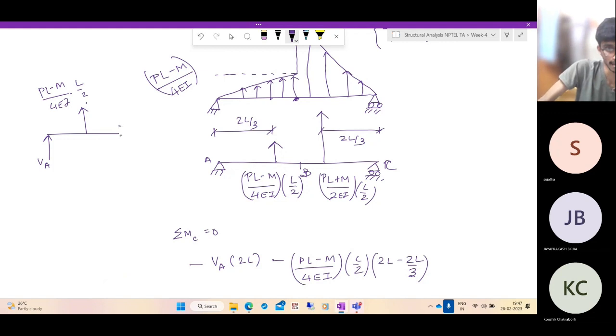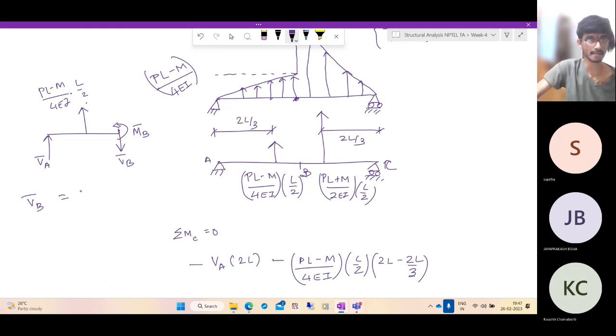And you have the internal shear force, VB, and the internal bending moment, MB. Now what is VB? It is just the sum of these two. So if you add these two, what do you get?